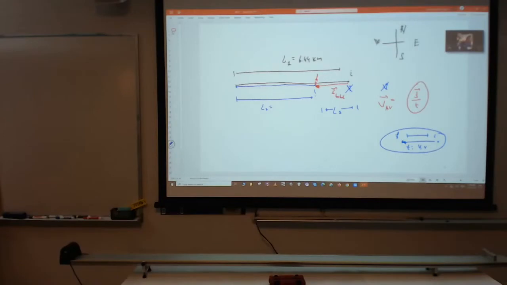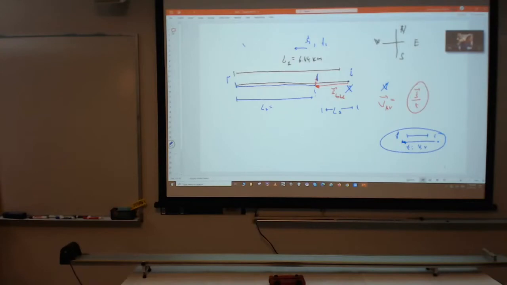And you have three pairs of points. Initial, right here. The point of the return, R. And the final, right here. So for each point, you have distance, you have displacement as one, you have certain time that it takes to get from here to here.